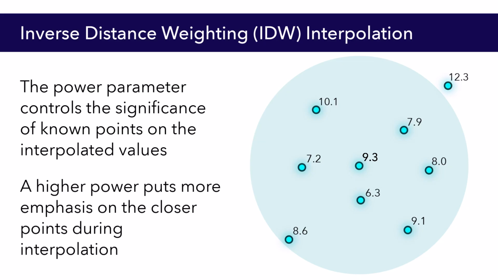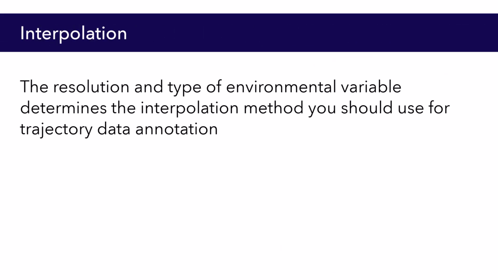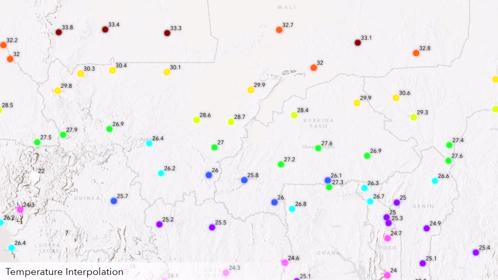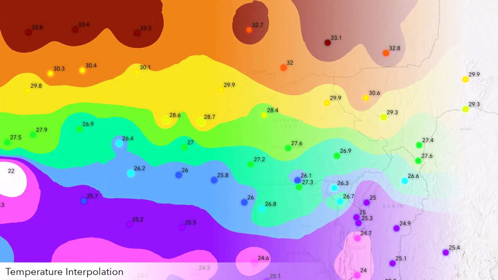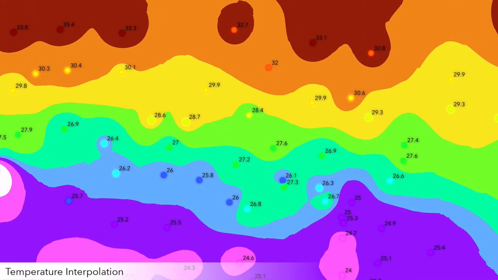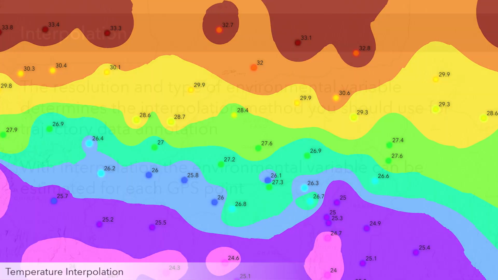By defining a higher power value, more emphasis can be put on the nearest points for interpolating the unknown point. Depending on the type and resolution of the environmental dataset, we might choose to apply a different type of interpolation technique to conduct trajectory data annotation.